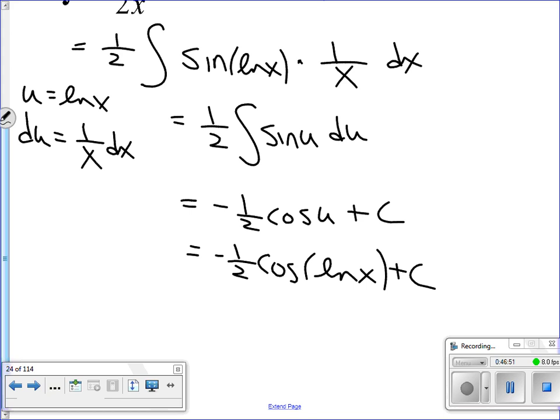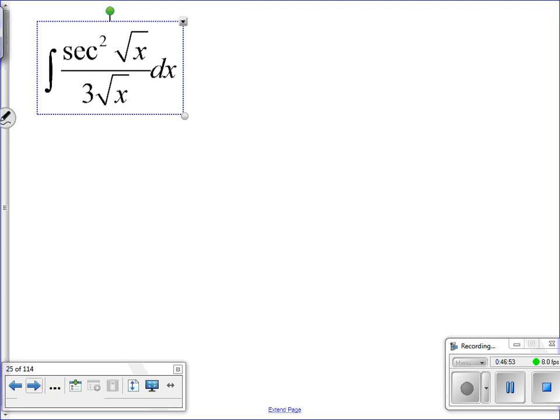All right, let's try the second one. I will pull the 3 out of the denominator. So we have a 1/3 times the integral of secant squared rad x over rad x.